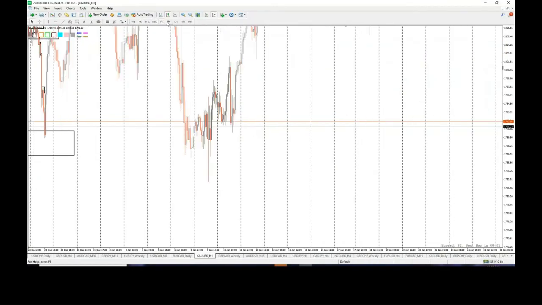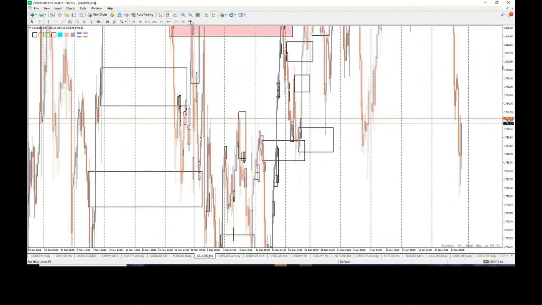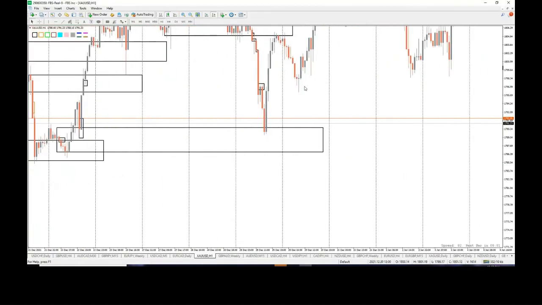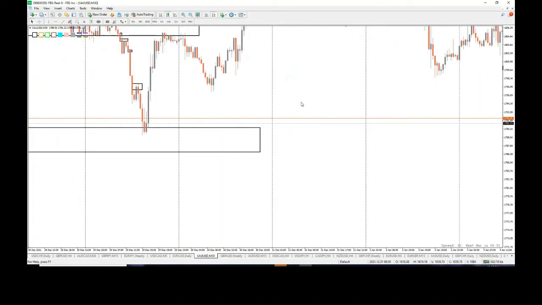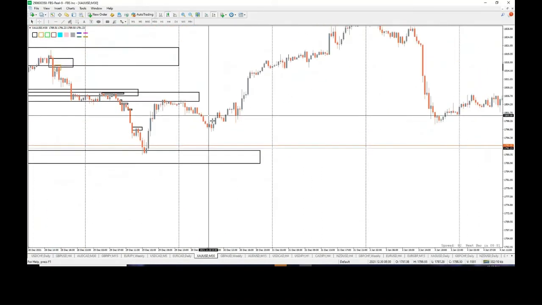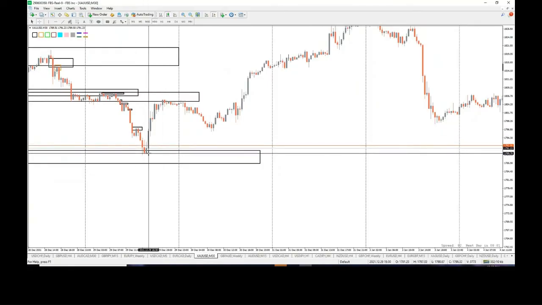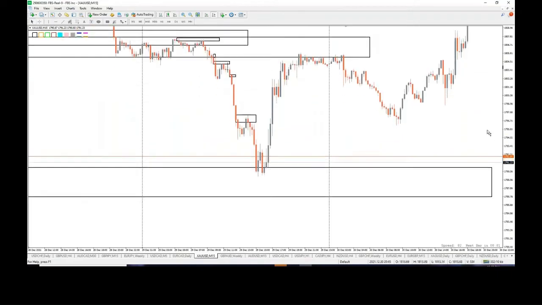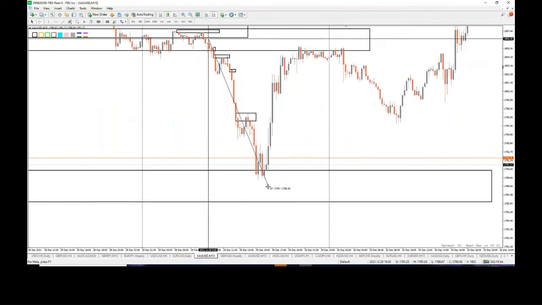Until the zone. So, H4 zone. We have to wait for H1 or M30. But at this moment, there's no H1 confirmation because of news, very fast going down.